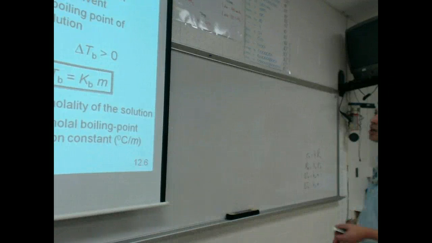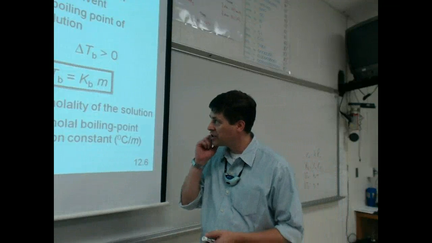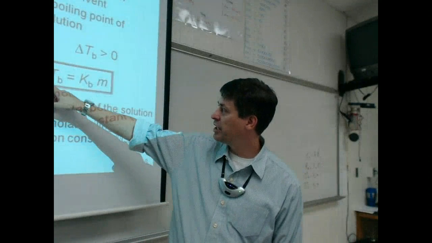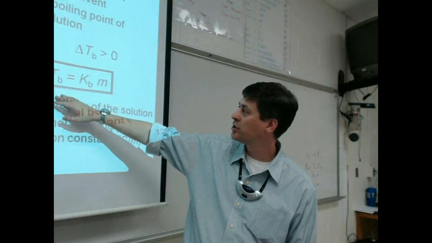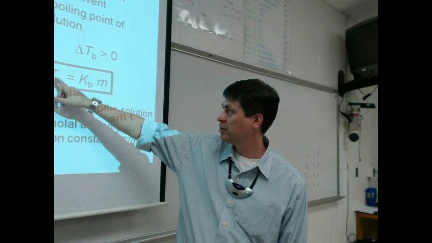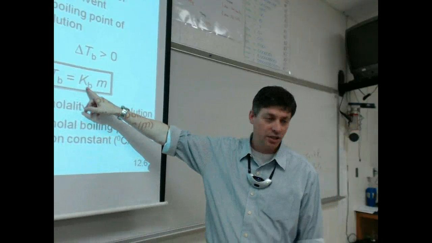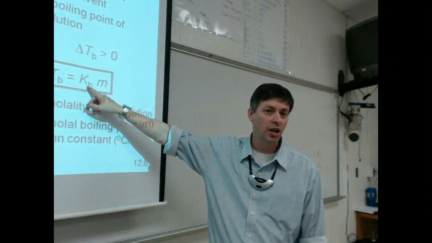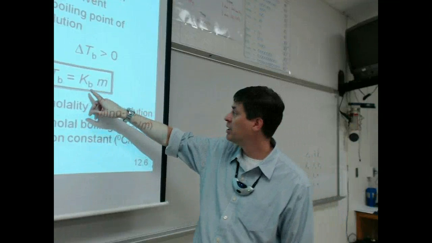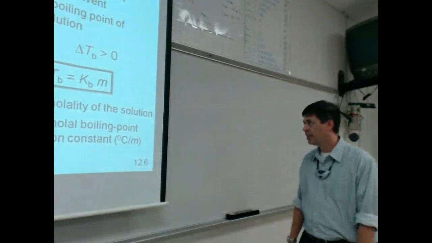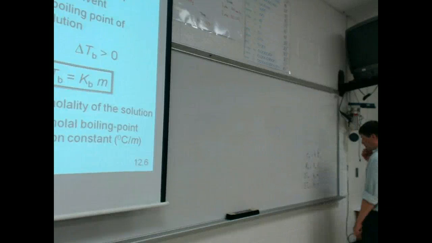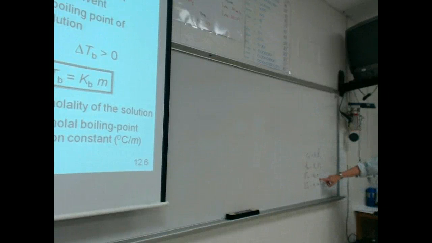Okay? Our equation for boiling point elevation is delta T sub B, which is the change in boiling point temperature. It's going to be equal to some constant that is specific to our solvent, K, times the molality. And I'm going to add one more thing on there. Times i.